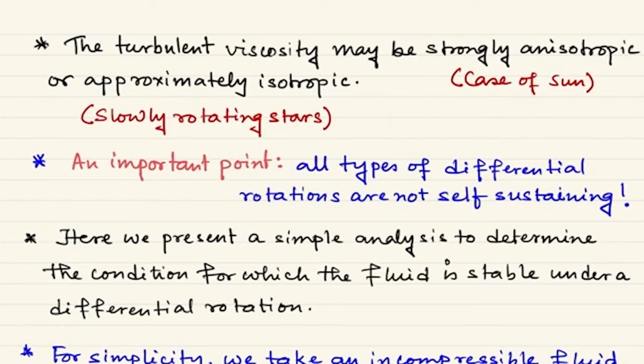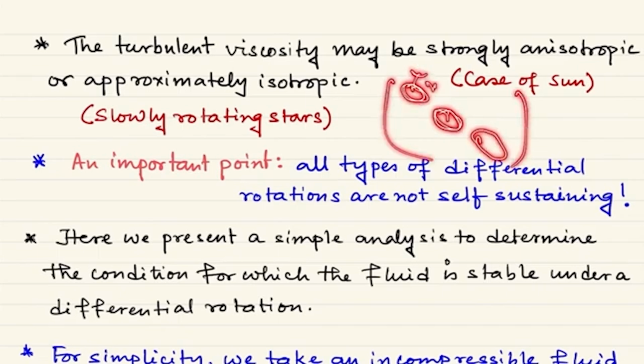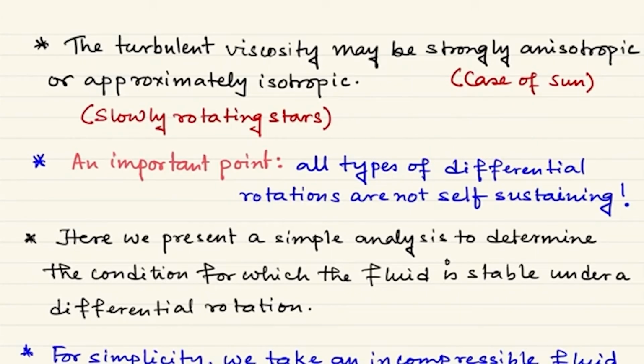That means the diagonal terms, tau xx, tau yy, tau zz, will also be very close. Only then can this turbulent viscosity be very nearly isotropic. Okay, so we will come to that point.